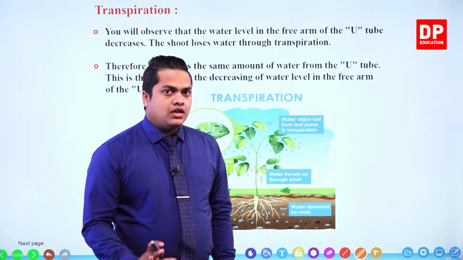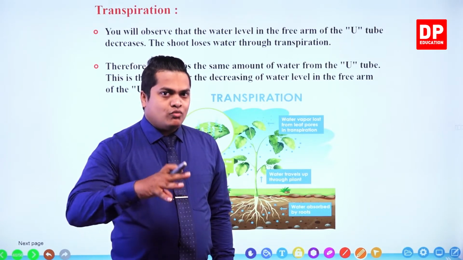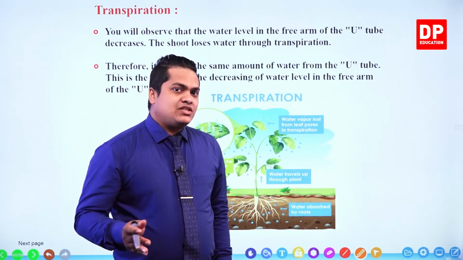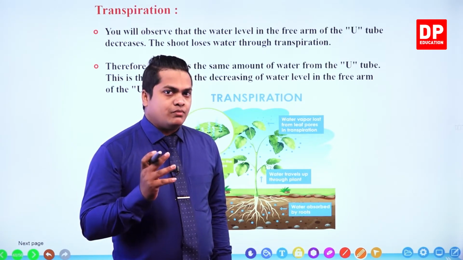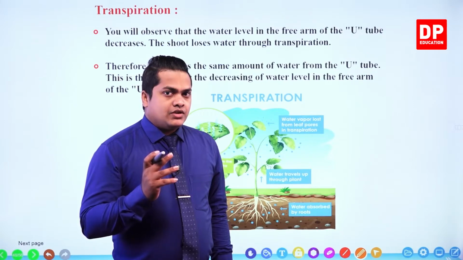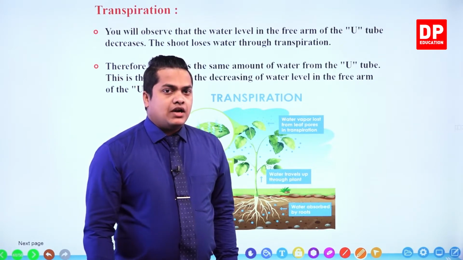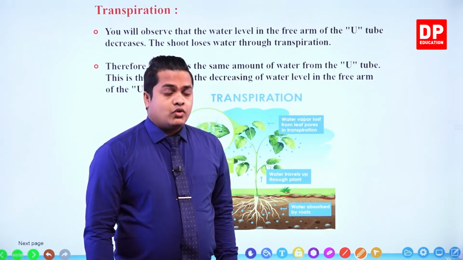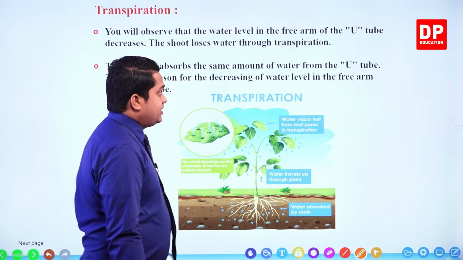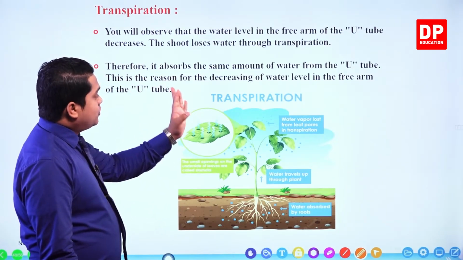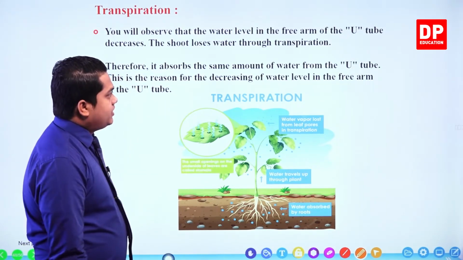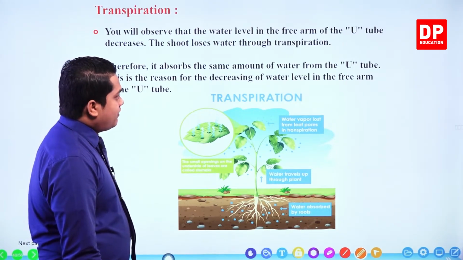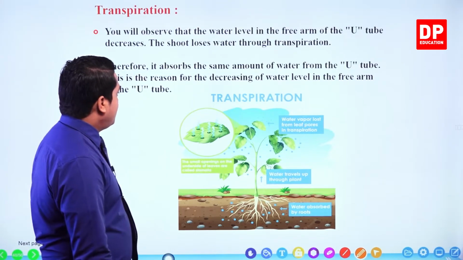However, to maintain the optimum water level within the plant, that released water should be reabsorbed. So that's why the water level in the other side of the U-tube is going to decrease. Therefore, it absorbs the same amount of water from the U-tube. This is the reason for the decreasing of water level in the free arm of the U-tube.